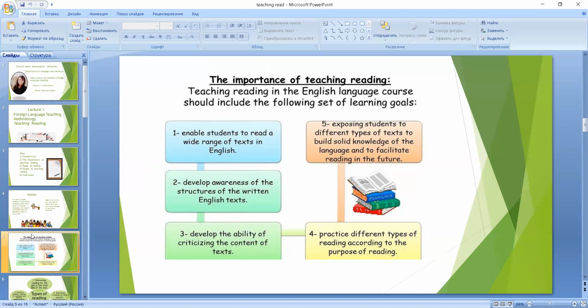The second, develop awareness of the structures of written English texts. The third, develop the ability of criticizing the content of texts. The fourth, practice different types of reading according to the purpose of reading. And the fifth, expose students to different types of texts to build solid knowledge of the language and to facilitate reading in future.